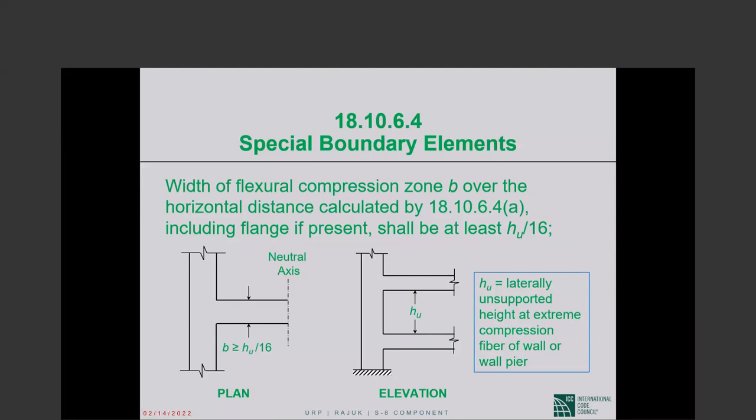So in the specially confined boundary zone, in other words, wall thickness shall not be any less than 1/16 of the unsupported wall height. This is to prevent buckling of the shear walls, which had never been observed outside of a lab until it happened in the Christchurch, New Zealand earthquake and in the Chile earthquake.